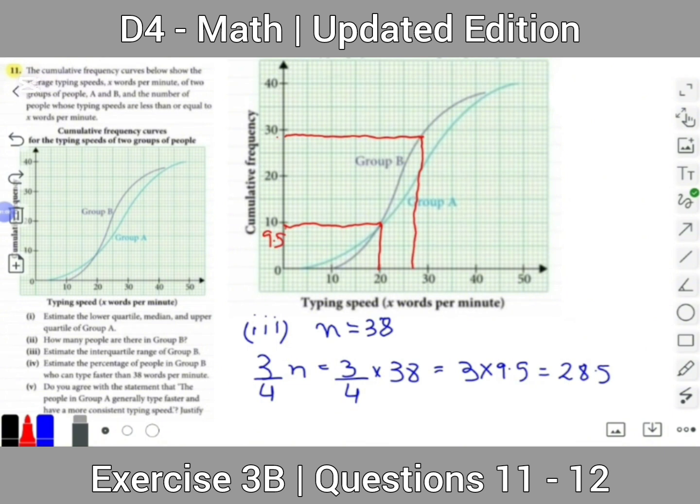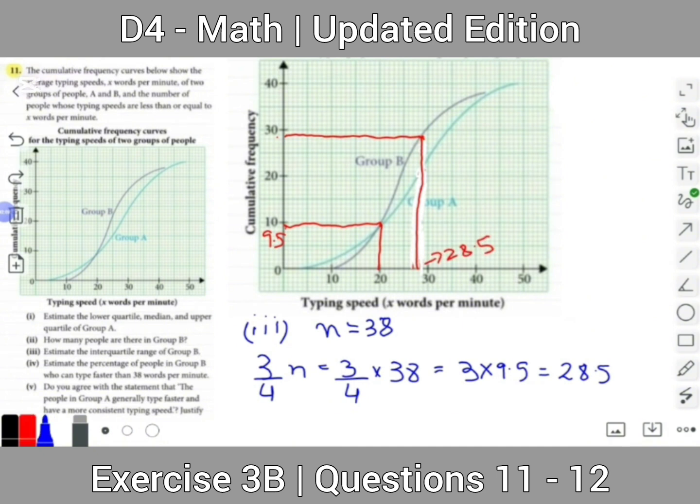So from here we have the value that lies between the points 28 and 29, so it is approximately equal to 28.5.